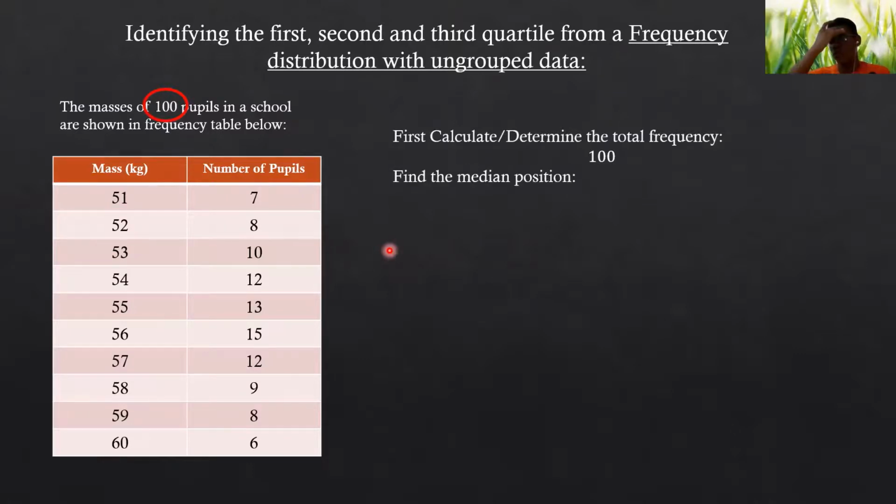Let's start with the one we know and maybe love, the median. To get the median from the frequency table, we need to calculate the median position using the formula I just showed you. So for Q2, the median, it's a half of n plus 1. Remember, n is the total frequency.